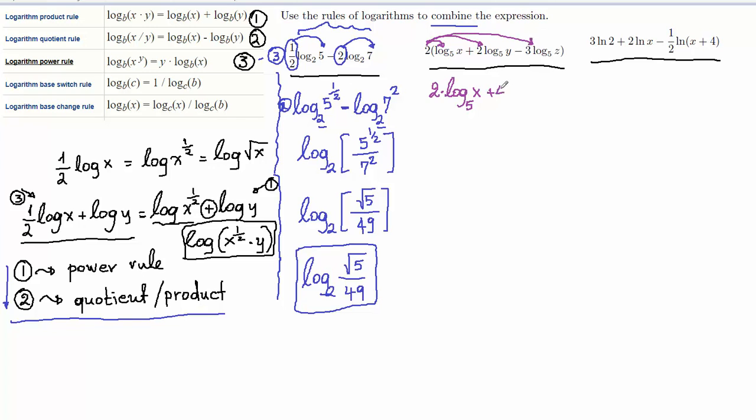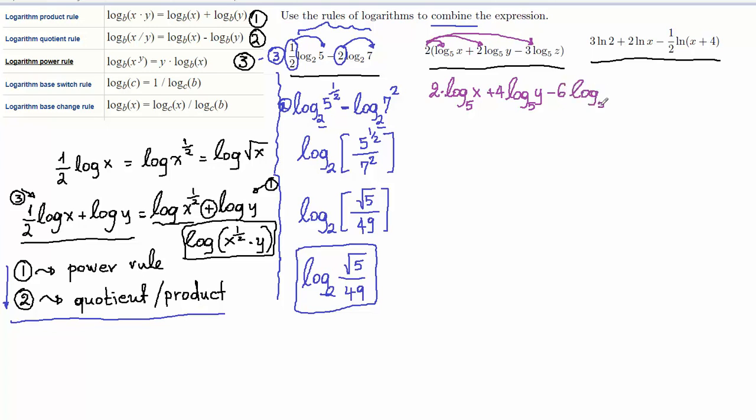So I have this plus 4 log with base 5 of y minus, don't forget that you need to keep your signs, 2 times 3, that is 6, log with base 5 of z.